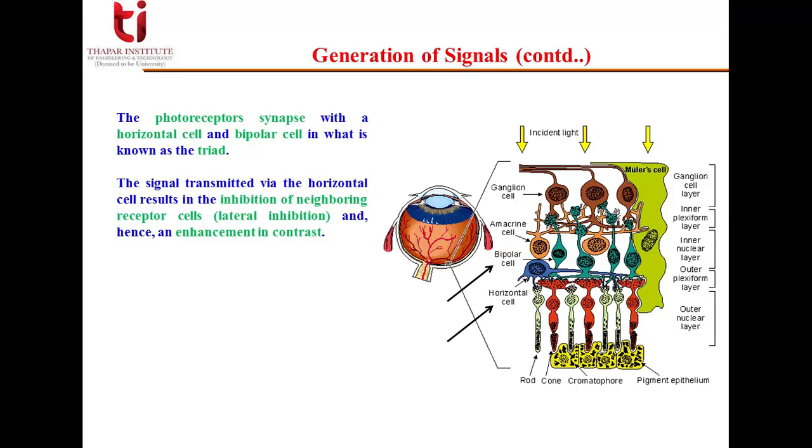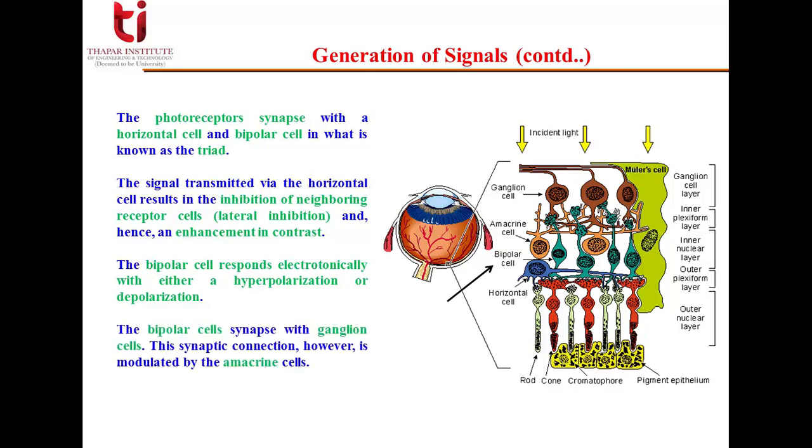Then the photoreceptor synapses with the horizontal cell and bipolar cell in what is known as a triad. The signal transmitted via the horizontal cell results in the inhibition of neighboring receptor cells, and hence an enhancement in the contrast occurs. The bipolar cell responds electronically with either a hyperpolarization or depolarization. The bipolar cell synapses with ganglion cells.